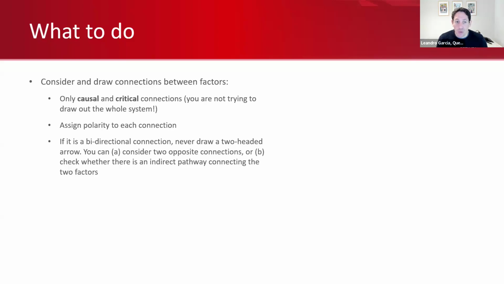But what you can do is to have two opposite connections, one going from A to B, separate from the one that goes from B to A. It's easy in this way to see the feedback loop happening there. Otherwise, if you just had a two-headed arrow, you might just miss the identification of the feedback loop.